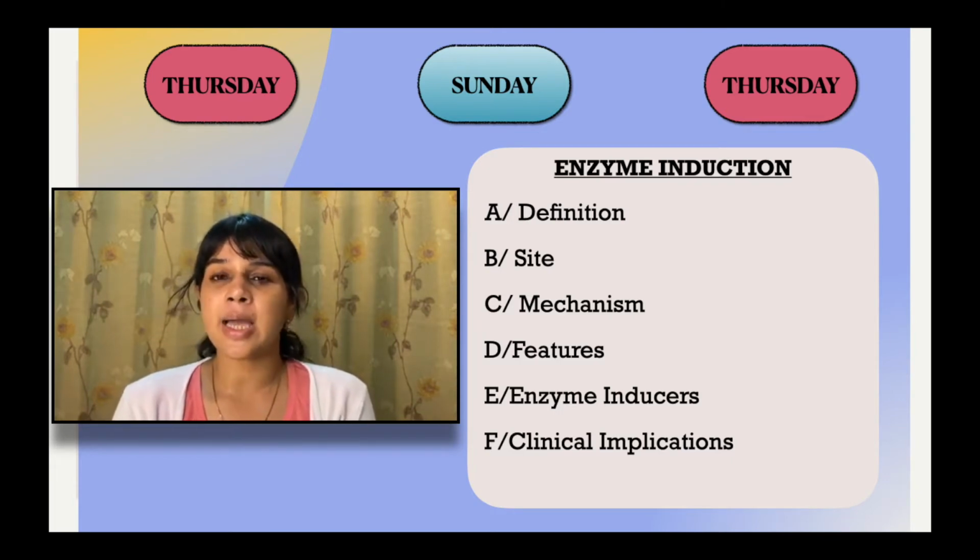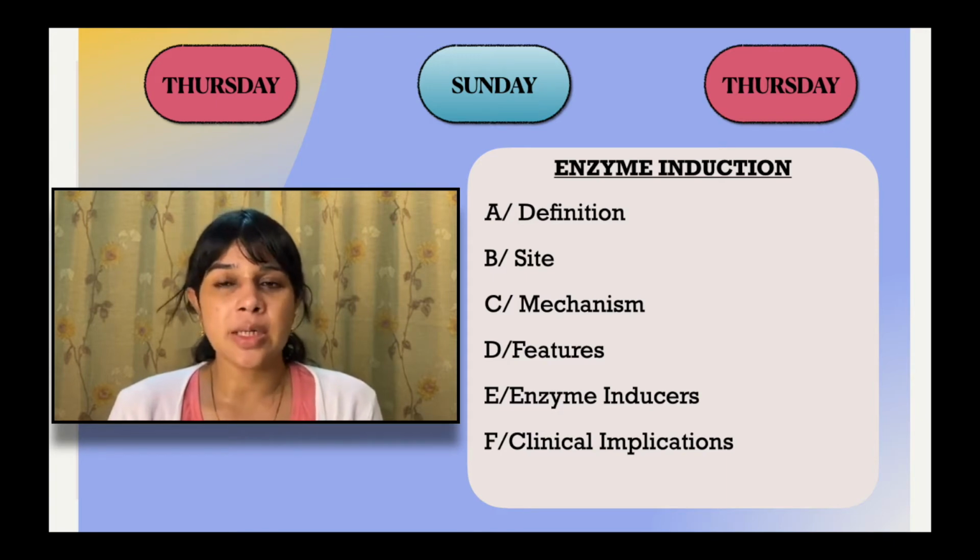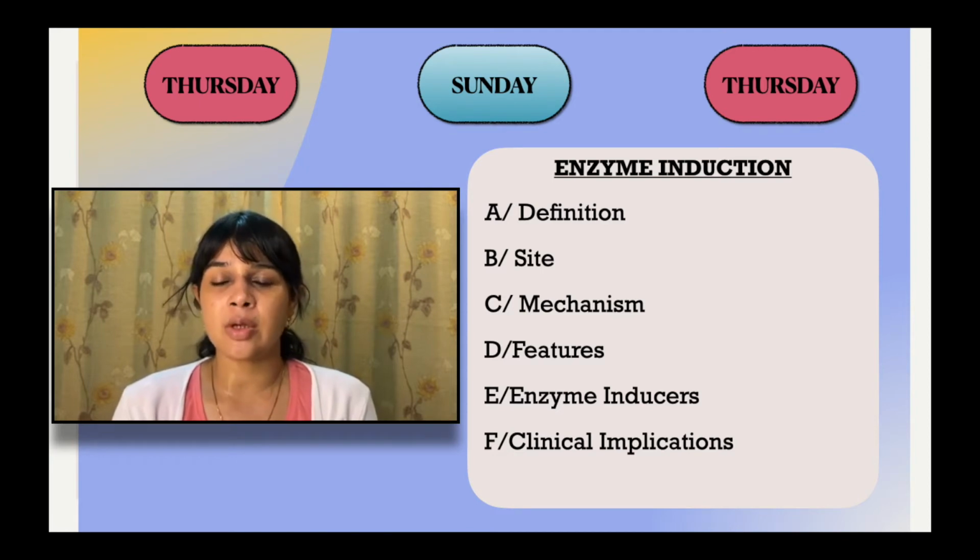Enhancement of the activity of the enzyme, which finally spikes up or accelerates the metabolic process, which leads to the diminution of the drug activity. That is combinedly the process of the enzyme induction. And reverse is true for enzyme inhibition.